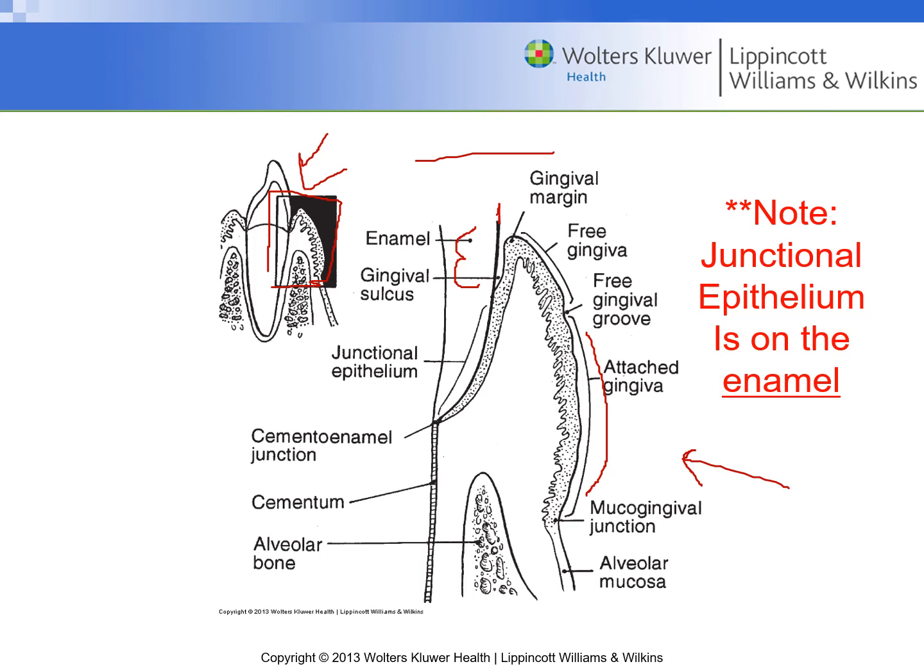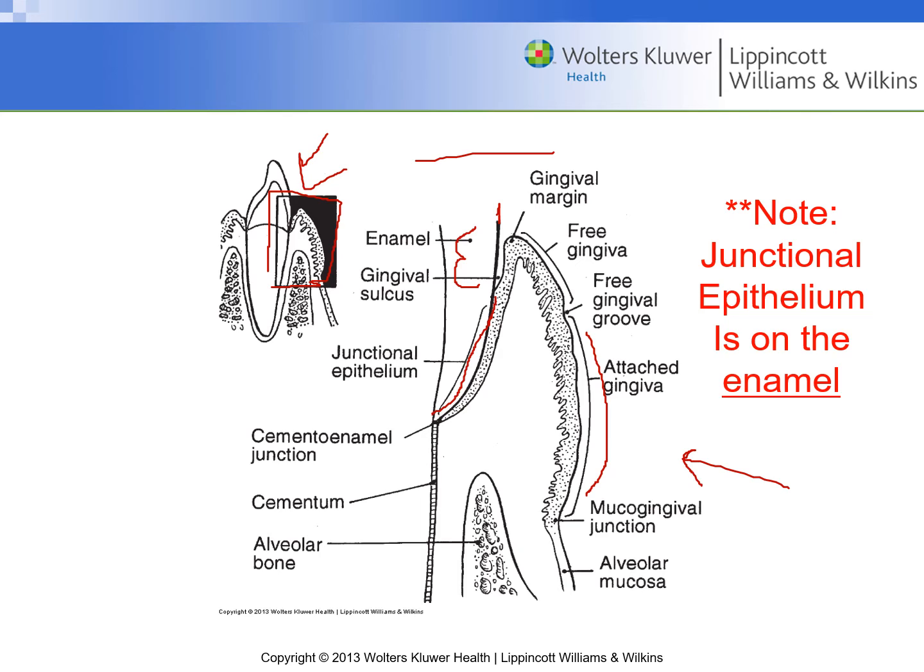You have to have a way for this to be attached to the tooth. So this part is attached to the enamel. It's not attached to the root. It's from the base of the sulcus. The inside of this papilla is completely attached to the enamel down here.